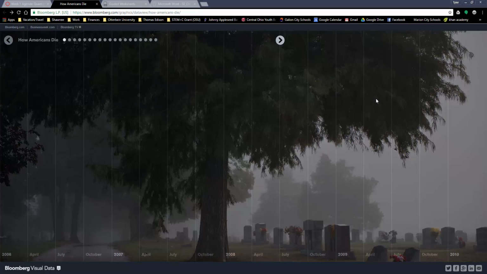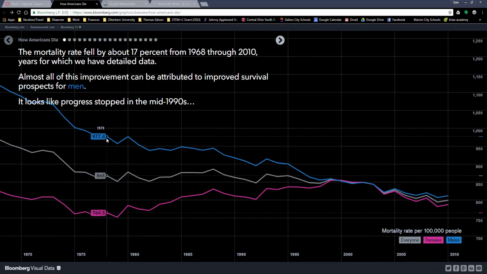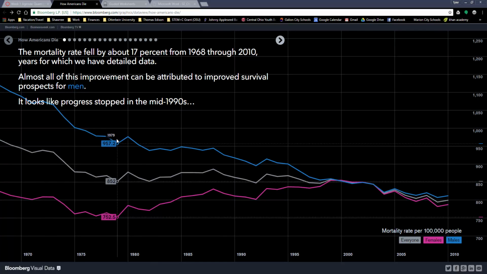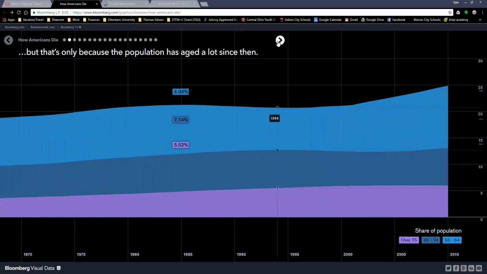hit the next arrow. It really walks through and it's very interactive. Notice as I move my cursor, it changes to different years. In 1979, I can get the exact values for all three. I can keep hitting the next arrow button and getting different graphs, and they're all interactive.